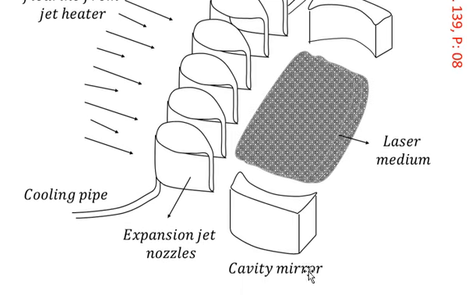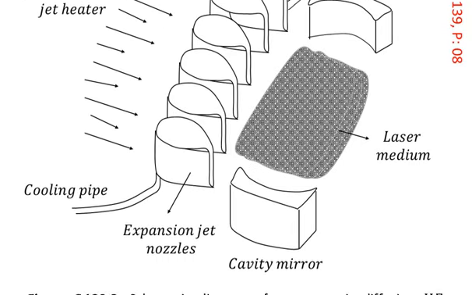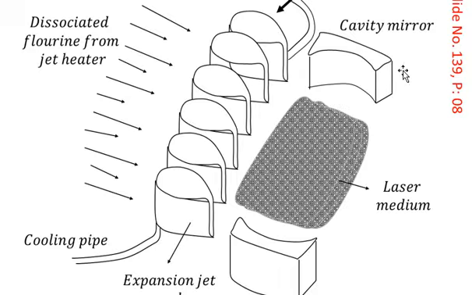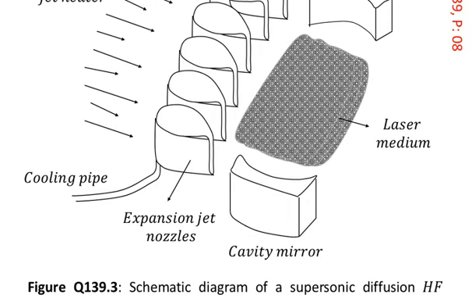And actually these are the expansion jet nozzles. This is the laser cavity, one mirror of the laser cavity here, and the second mirror of the laser cavity is shown over here.